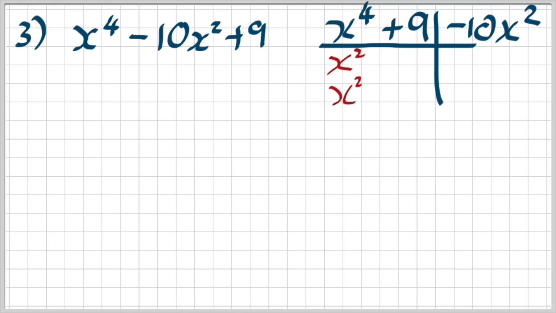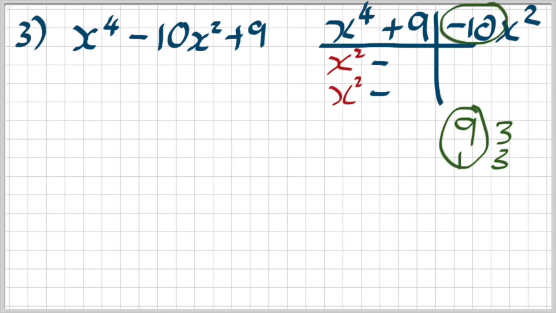Then a positive, I'm going to go a negative multiplied by a negative. To get to 9, I can go either 9 times 1 or 3 times 3. There's a clue. There's a 10. So I'm going to think about 9 and 1.